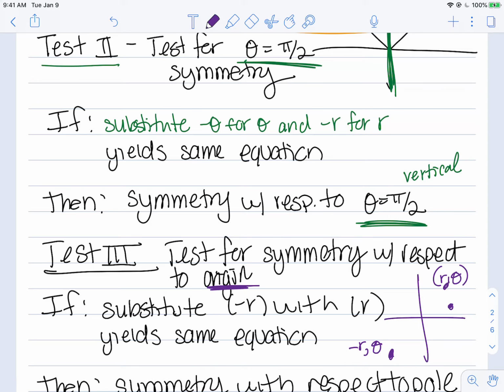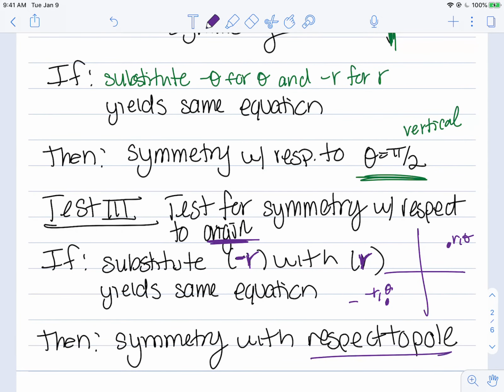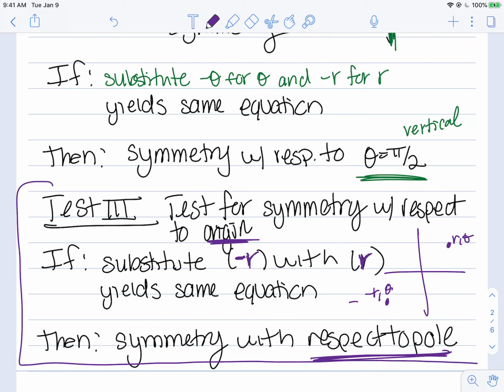Or if you have a point over here, let's say r theta, you need to have a point over here. So it's not symmetry with respect to the line y equals x. Not quite. It's more like, if you're going to have a point here, it's going to come back this way. Kind of like when we had tangent. Remember all the odds. It's similar to that. All right. So r theta, negative r, same theta. So you replace negative r with r. You simplify, and if you get the same equation, you have symmetry with respect to the pole. Okay, so this is the third test.